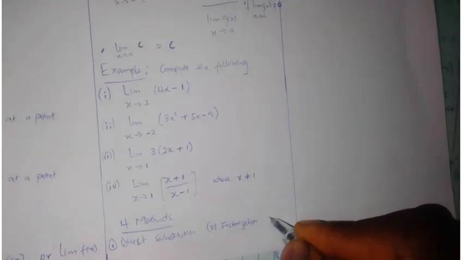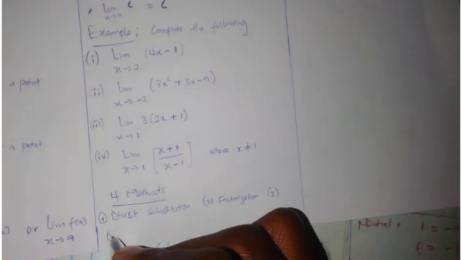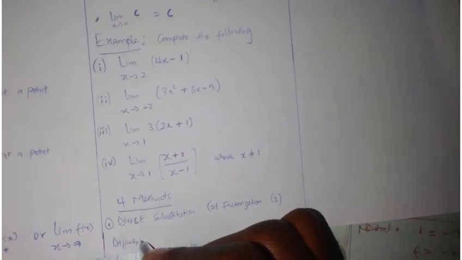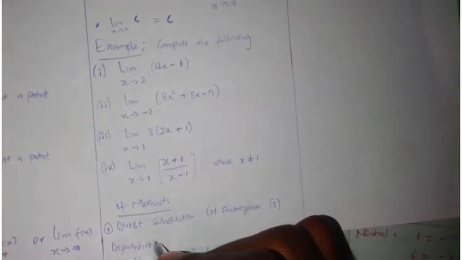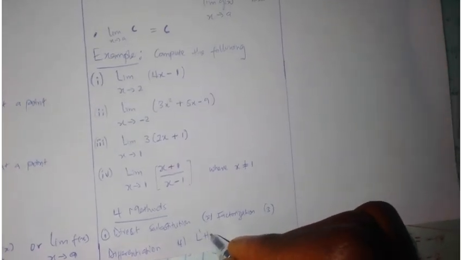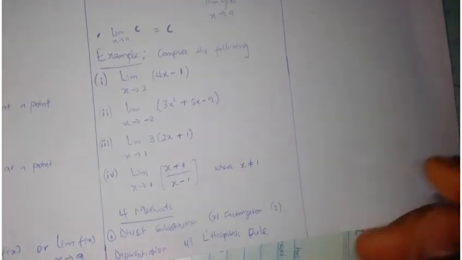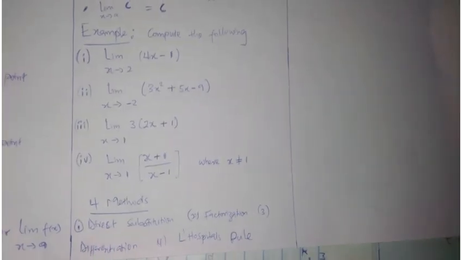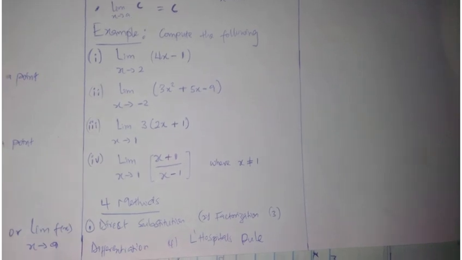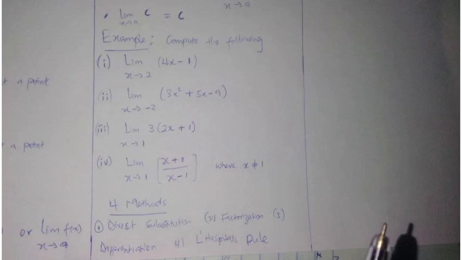The third method is differentiation. And the fourth method is using L'Hospital's rule. With these 4 methods, you can solve all questions under limits. We're going to be going from the first, second, third, fourth.